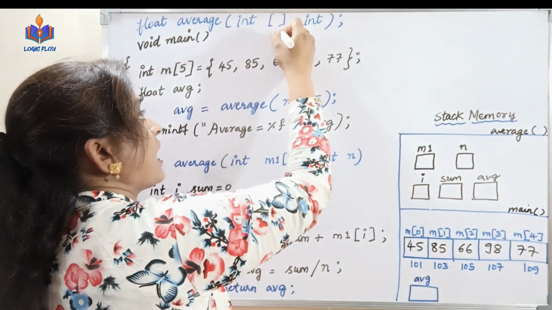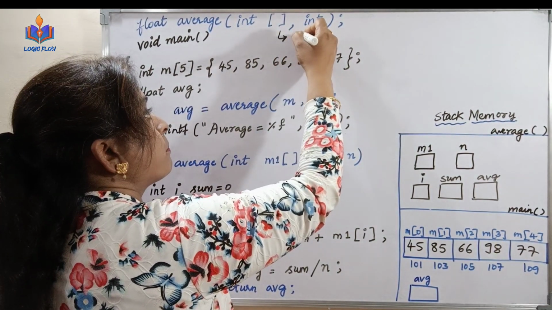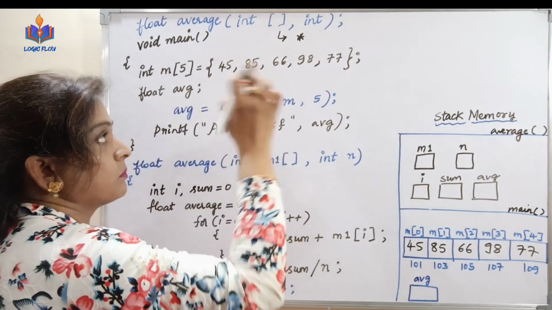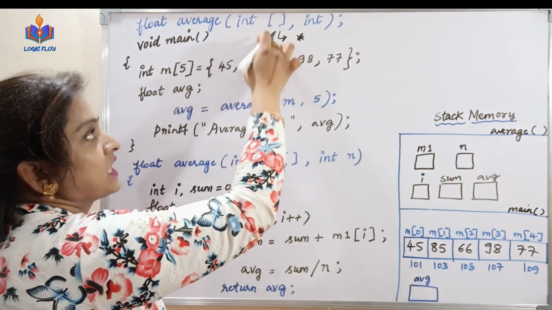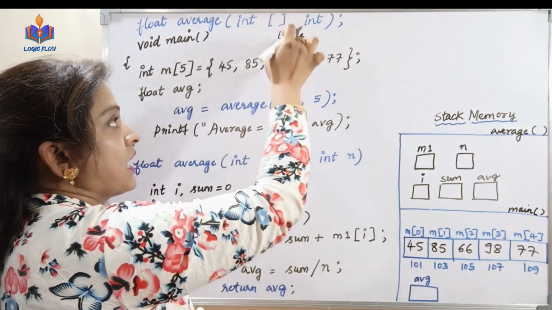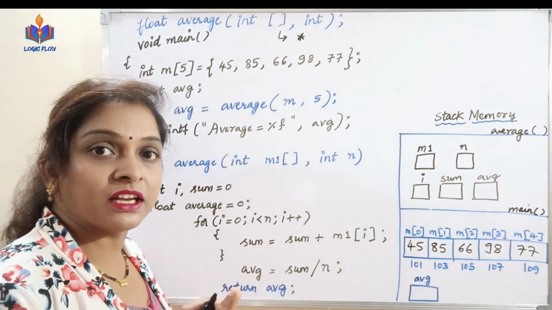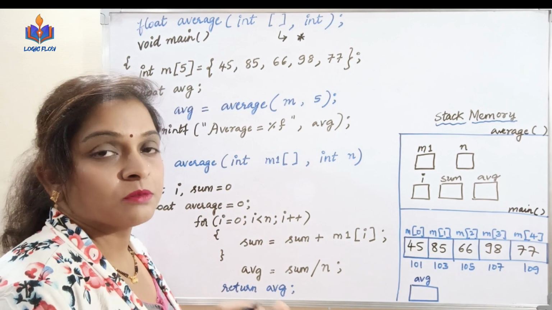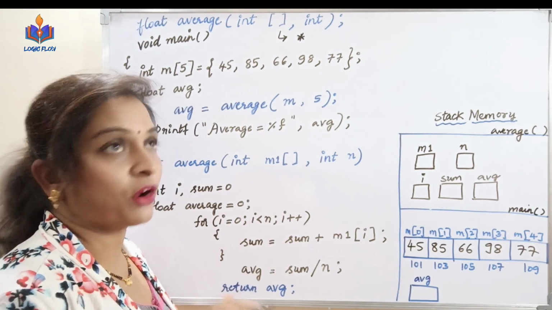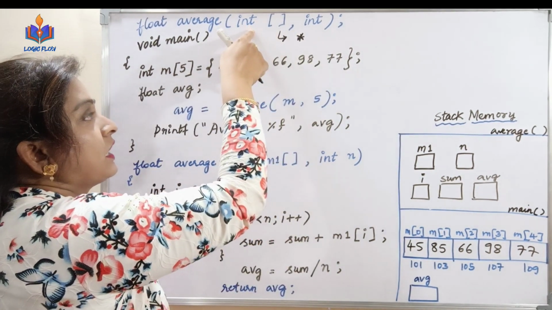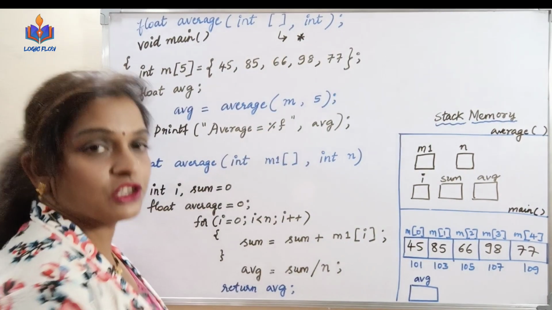And this is the same as writing a pointer asterisk. This particular statement will be interpreted as a pointer to integer, meaning in the argument I am sending a pointer. This is a pointer to integer and this is a normal integer.